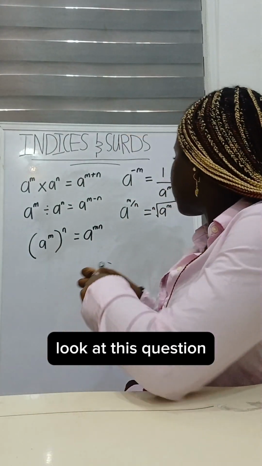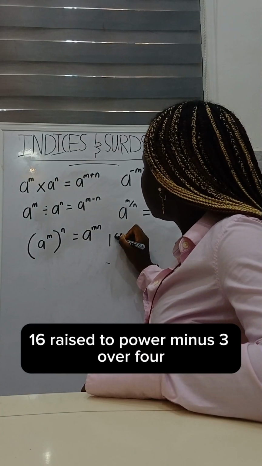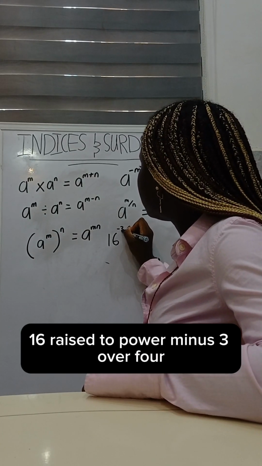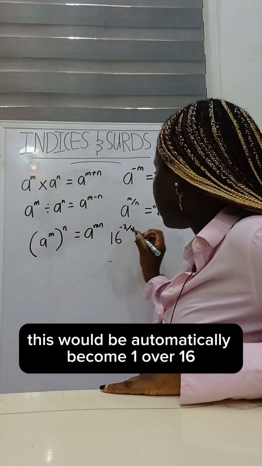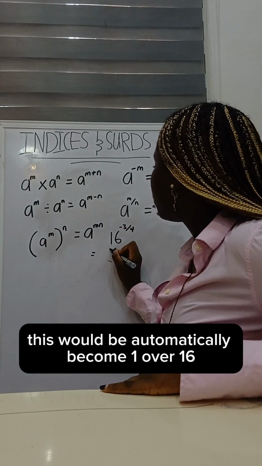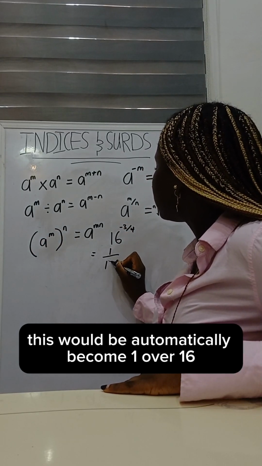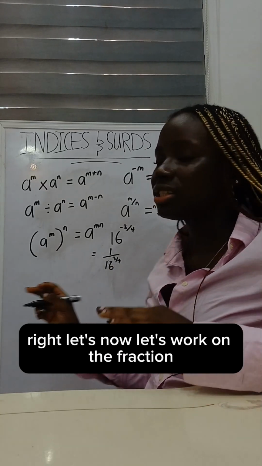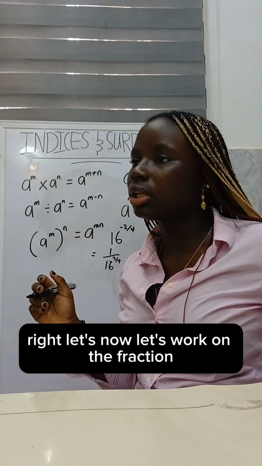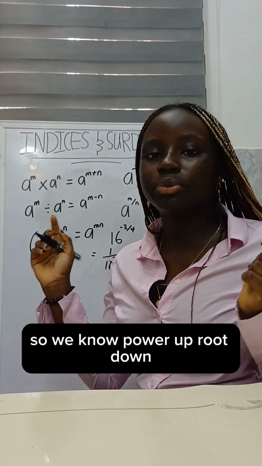Look at this question. 16 raised to power minus 3 over 4. So let's start with the negative sign. This would automatically become 1 over 16 raised to power 3 over 4. Right? Let's work on the fraction. So we know power up, root down.